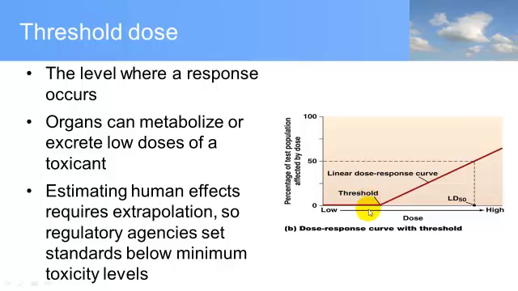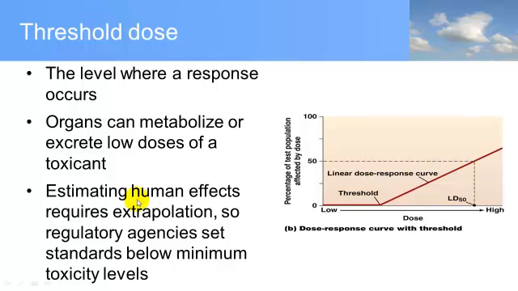So you really don't see any effect until you reach what's known as the threshold. Once you cross the threshold dose, then you start seeing an effect in your population. So your curve in this case will look like 0, no effect at these really low dosages, and then we get to the threshold, and suddenly a certain percentage of them start getting affected. And of course, there's our LD50 there. This is where half of our population died at this particular dose.